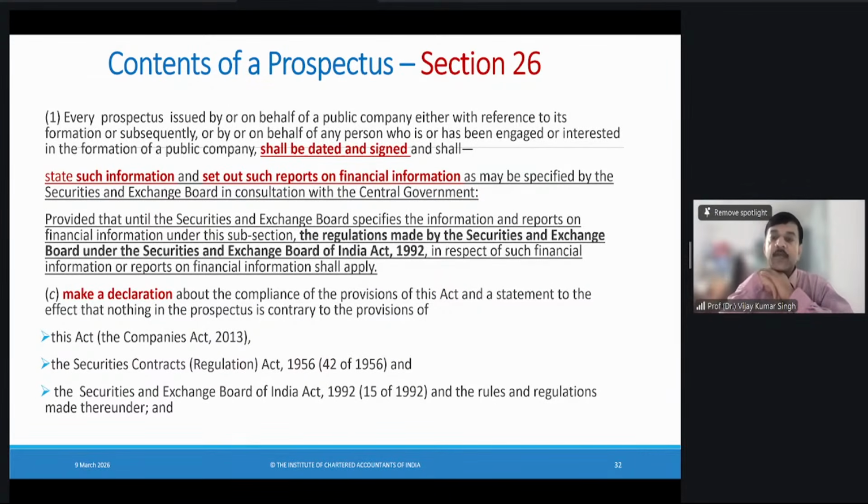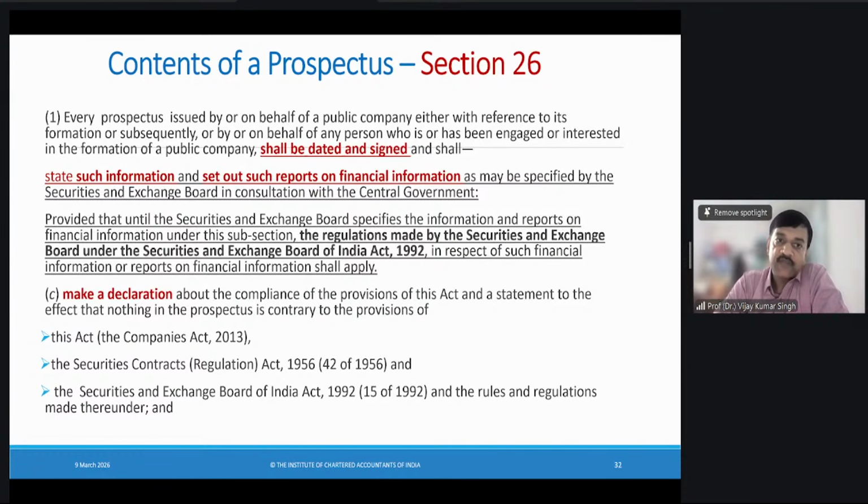So now we are talking about contents of a prospectus. So contents of a prospectus, if you see section 26 deals with contents of a prospectus. And there are some few basic requirements of a prospectus, which needs to be complied.